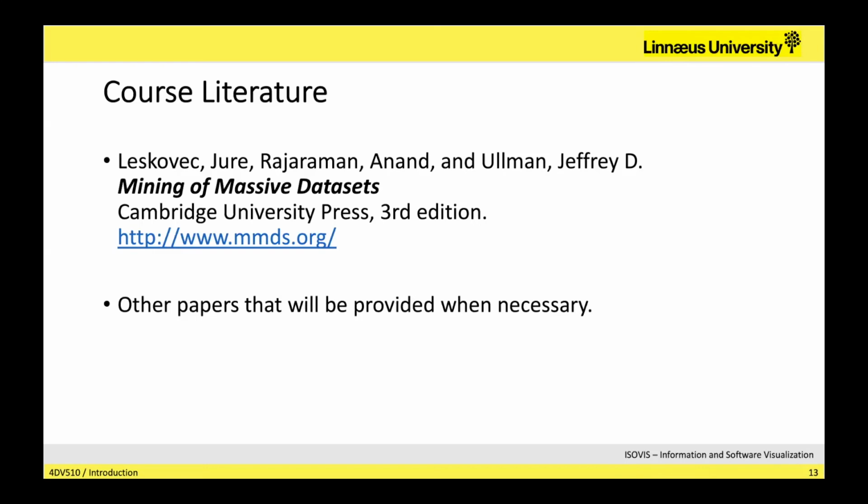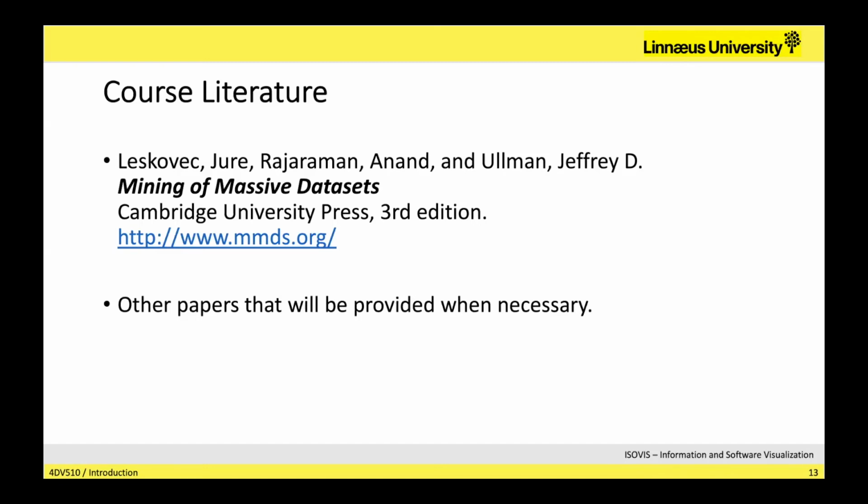And it's a very good book. If you know a little bit about data mining, then you probably recognize the authors, because they are incredibly well-known and respected in their respective research areas. Jure Leskovec is maybe the greatest authority on network analysis in the world, and definitely top 5.